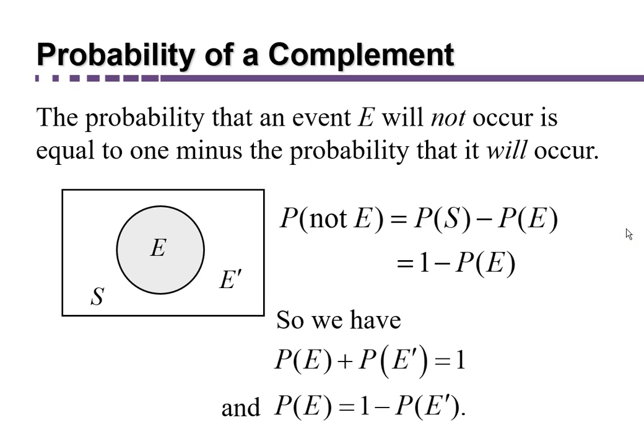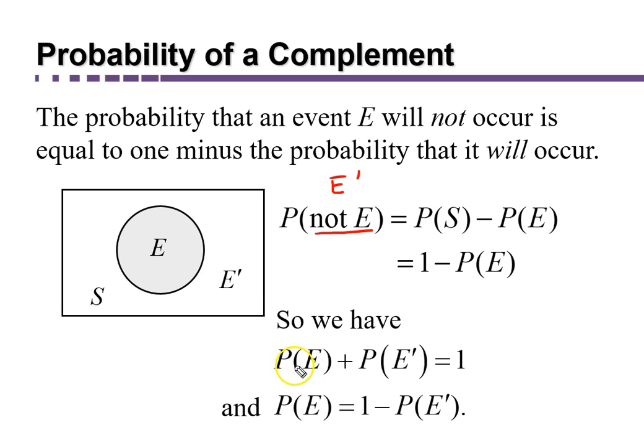Now, the probability of the complement, we've been building up toward this. So P, the probability of not E, remember, not E is the complement of E, is equal to your sample space, which is S, minus taking away what is in E. Now we also have another way of looking at this.